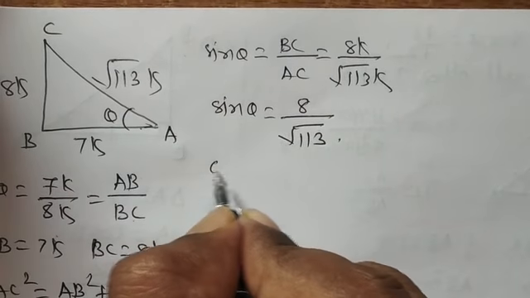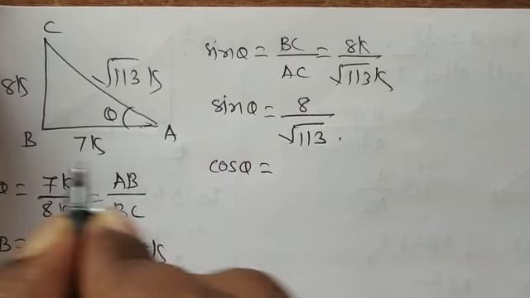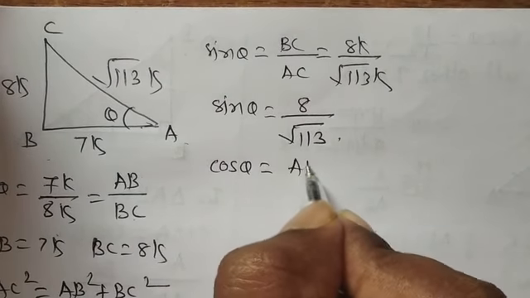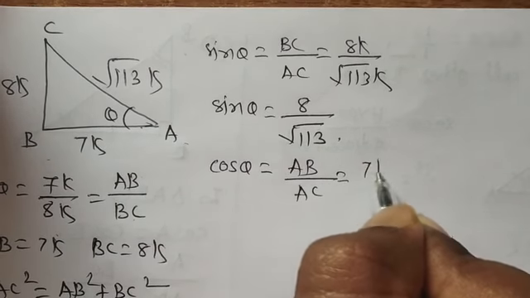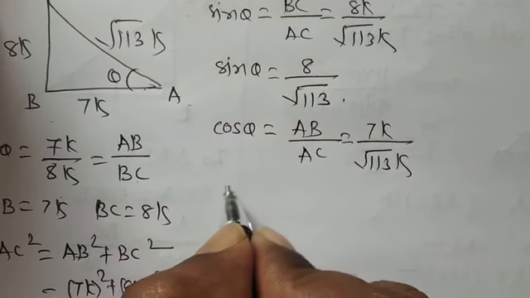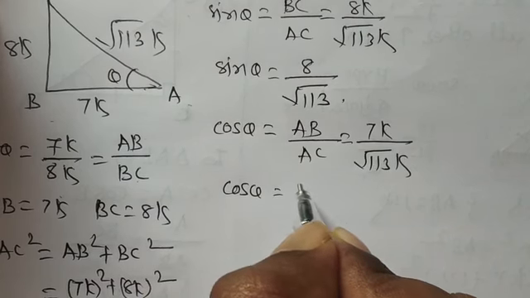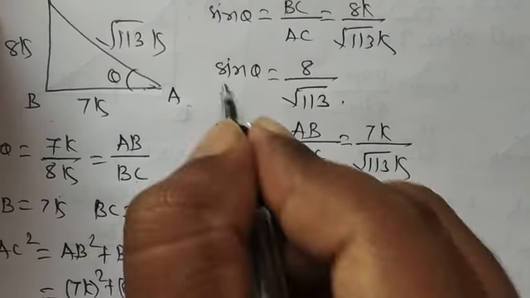Now what is cos theta? Adjacent side upon hypotenuse. The adjacent side is AB upon AC, then 7k upon root 113 k. Again k gets cancelled. So cos theta equals 7 by root 113. Put these two values here.